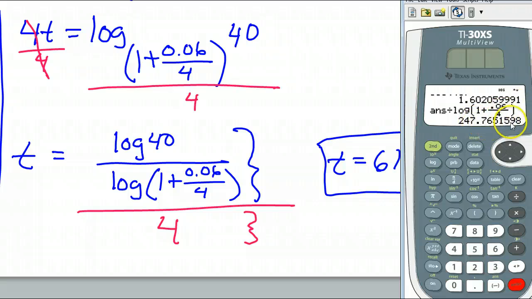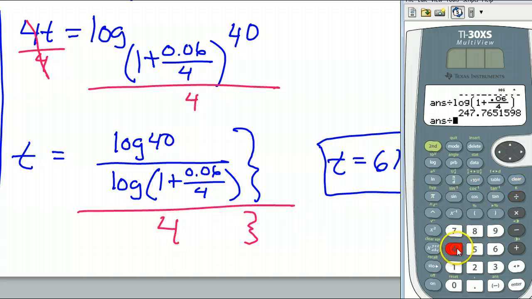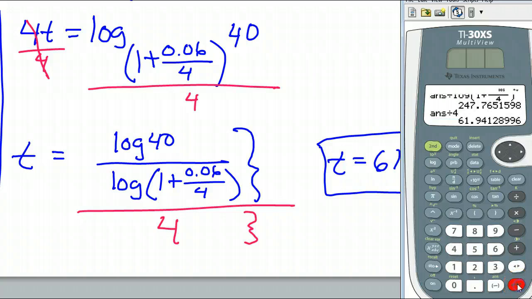Notice I'm not rounding, it's all in the calculator. So now I've done the numerator. So all that needs to be divided by 4. So now I could go divided by 4. You notice I get the exact same answer I got before. So it's fine to do it this way, as long as you don't stop and round as you go, because then you will be wrong.